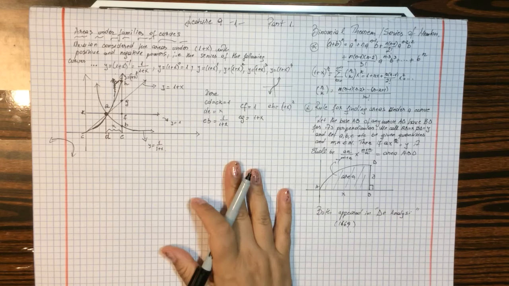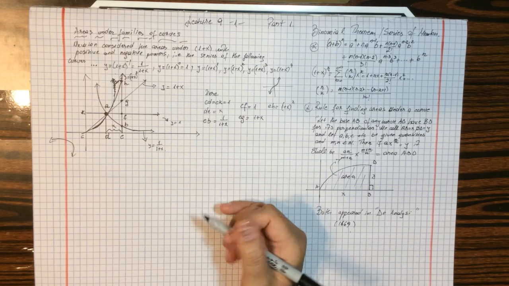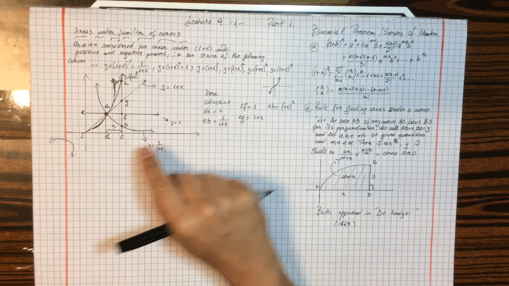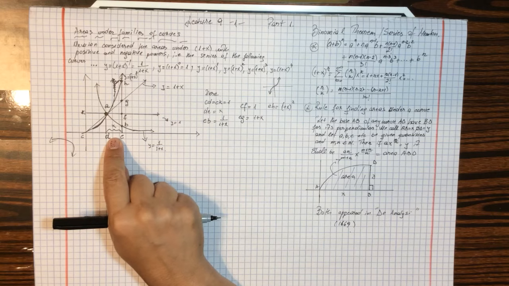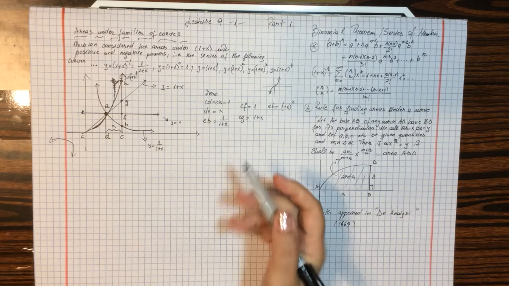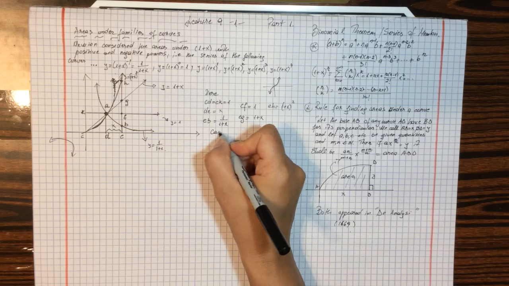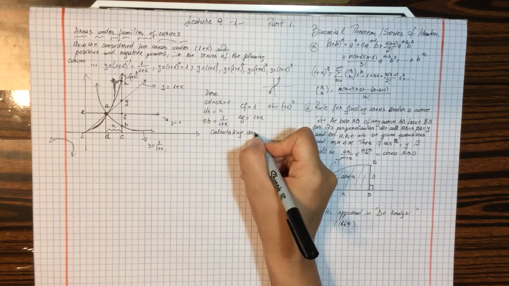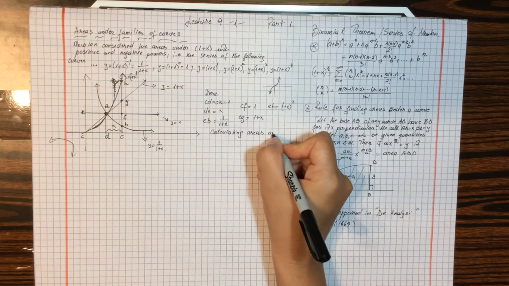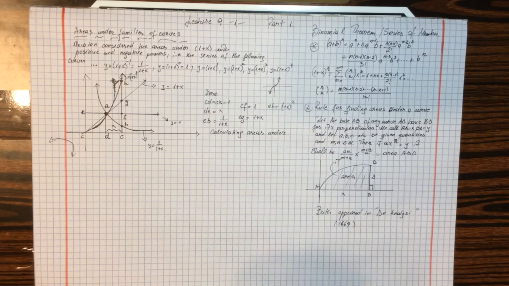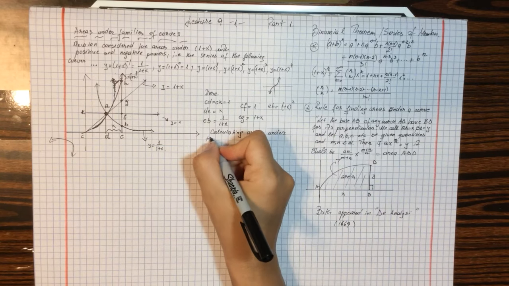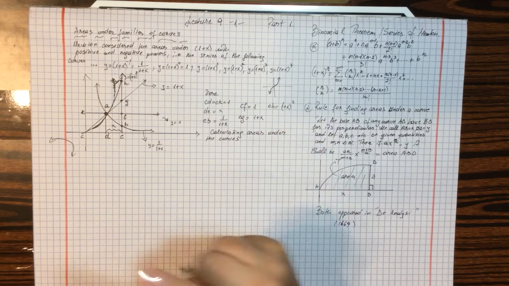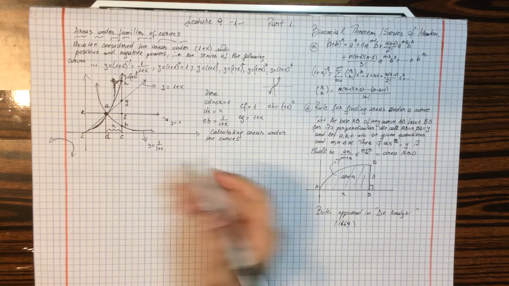All right, so next, using his result, he calculated the areas under the curves over the segment DE, which is equal to x. So we're calculating now areas under the curves over the segment DE.